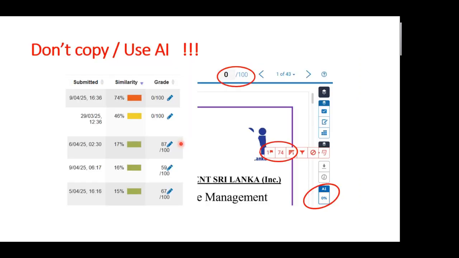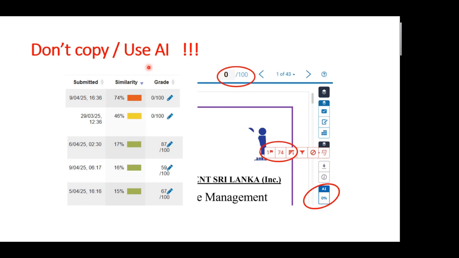And my final warning, in doing a business proposal or even any other assignment, please don't copy or please don't use artificial intelligence or AI. We have observed certain students use AI, and sometimes initially they use AI and again they use another humanizing AI to revert it to human touch.